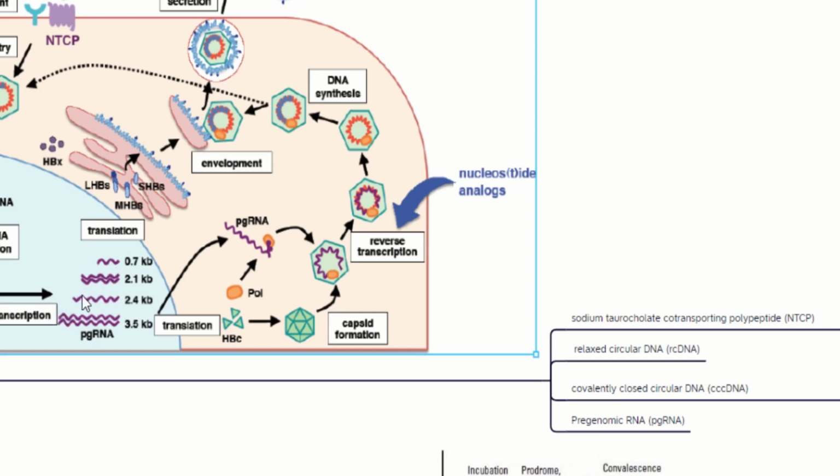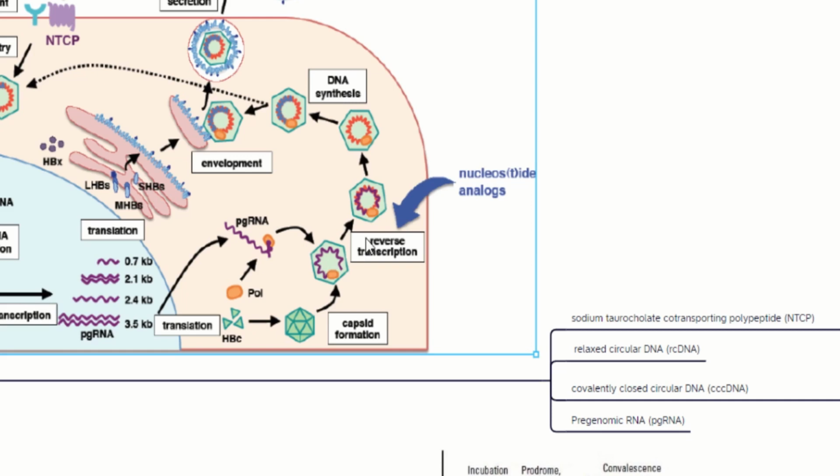This kind of DNA is also important because in modern times, especially in research settings, this DNA is researched within patients for better diagnostics and classification. This DNA within the nucleus is then transcribed into multiple pre-genomic RNA.